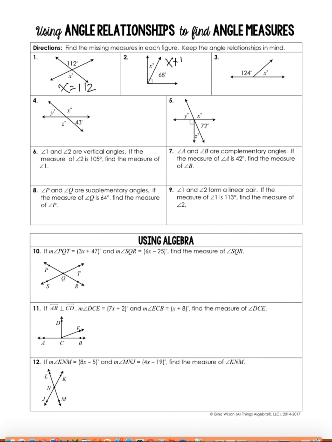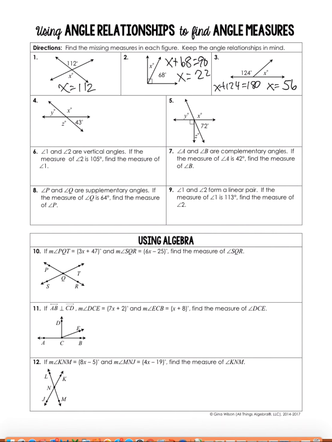X plus 68 equals 90. So x is going to equal 22. Okay, and then on number 3 here, this is a straight angle, so they add up to 180. X plus 124 equals 180. So x equals 56.